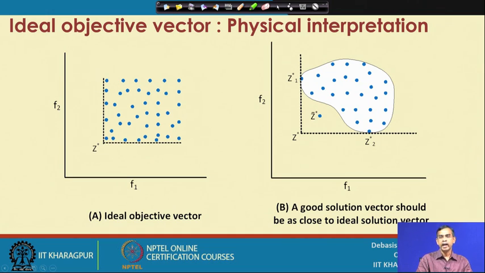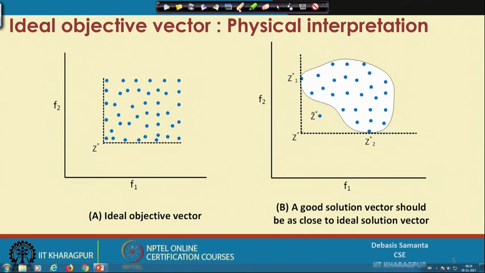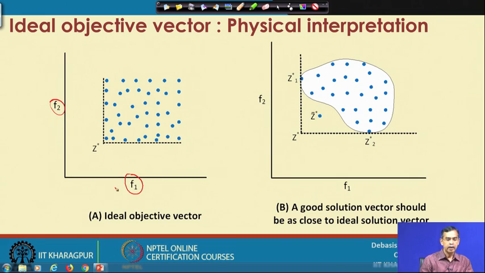Now, the same thing can be discussed with a visual illustration. Here, suppose f1 and f2 are the two objective functions, and we assume that both f1 and f2 are to be minimized for simplicity.